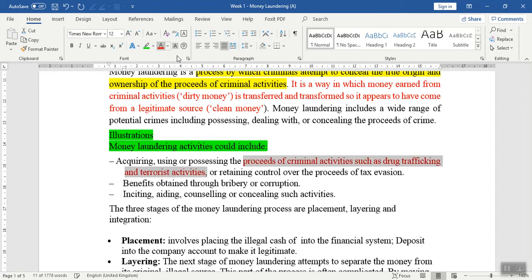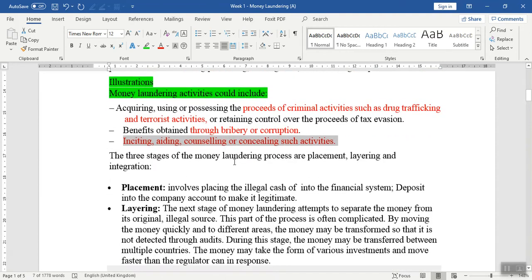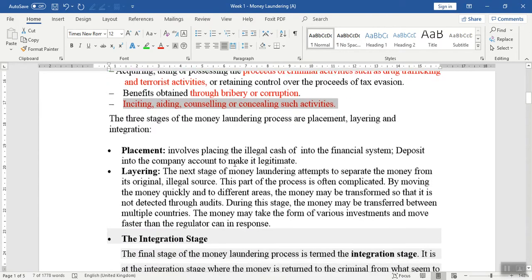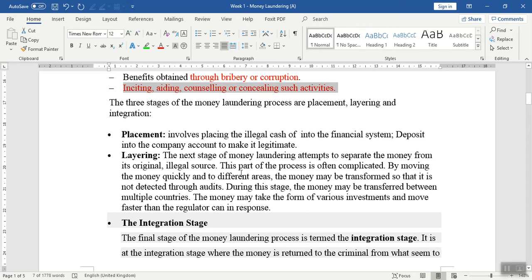They try to evade tax, bribery or corruption like in politics, inciting, aiding, or counseling such activity, and so on. You don't need to write too much because the mark is quite little. And then students ask, sir, can I also give the 3 stages of money laundering as an example? Can, but the mark is very little only.